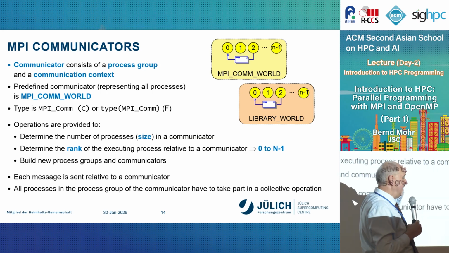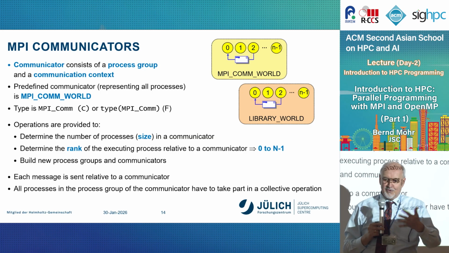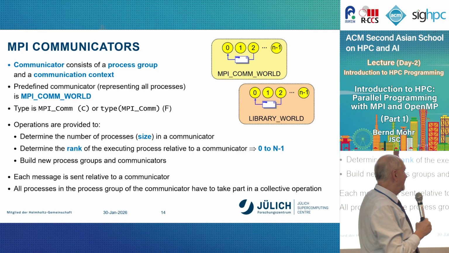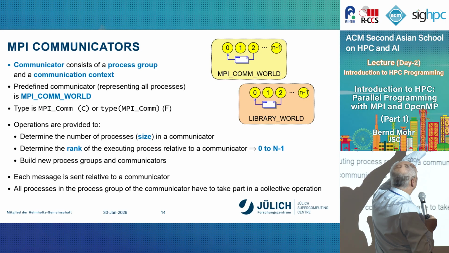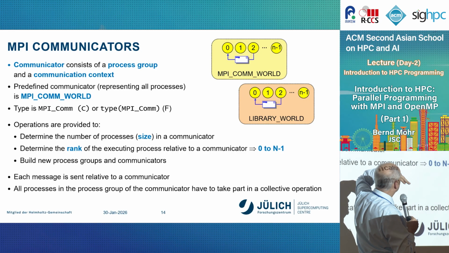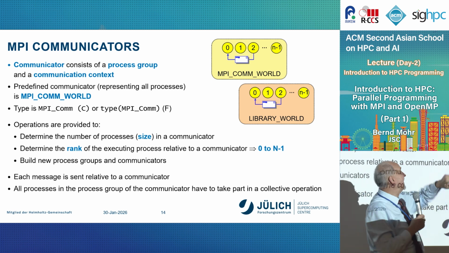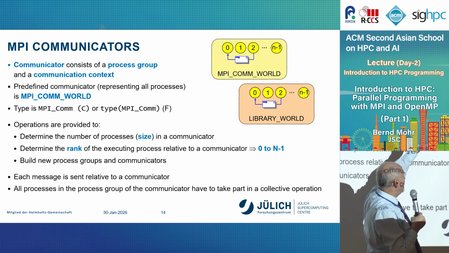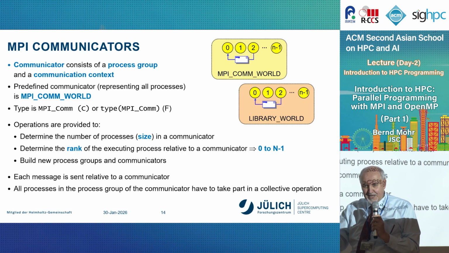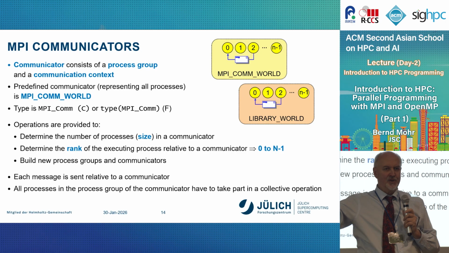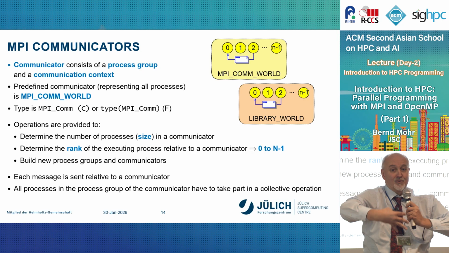The next thing is, how do we start? For every MPI program, there is a communicator which is always there. You don't need to create it. It's called MPI world. The communicator MPI world means all the processes working on the main program.